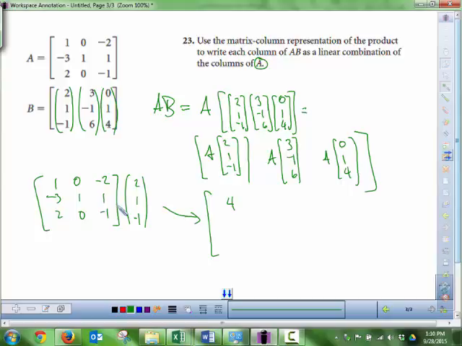Your next row on that first column will be negative 6, plus 1, negative 5, minus 1, negative 6 again. And then 4, 0, 4 plus 1 is 5. So you get 5.